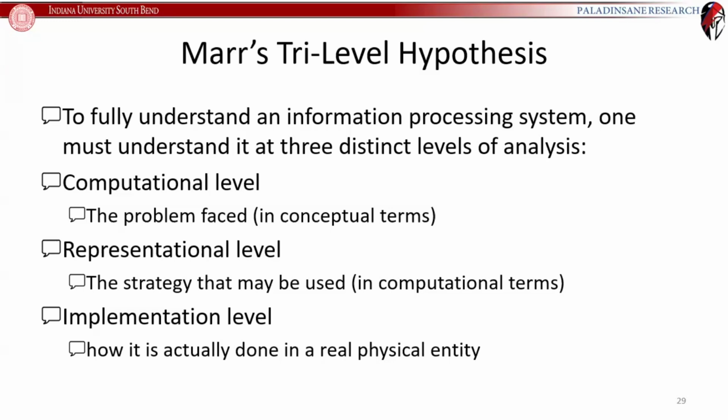So the computational level, that is the problem faced in conceptual terms. What that means is that the computational level is basically a list of what the human mind can do. And it's framed in terms of the information that's coming in, or the stimuli that are being input, and the behaviors that are coming out, in measurable units that can be analyzed separately.